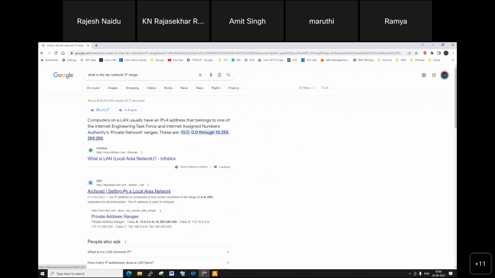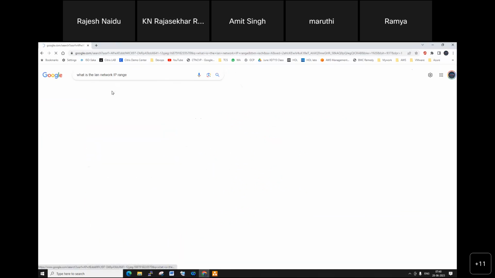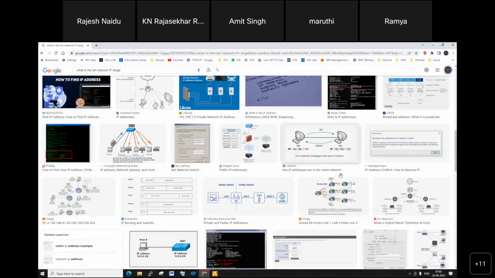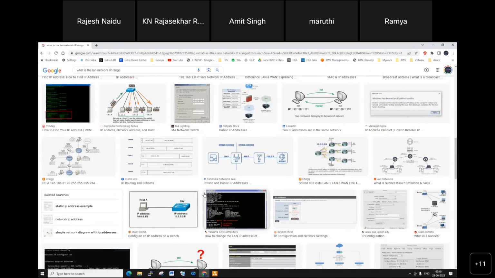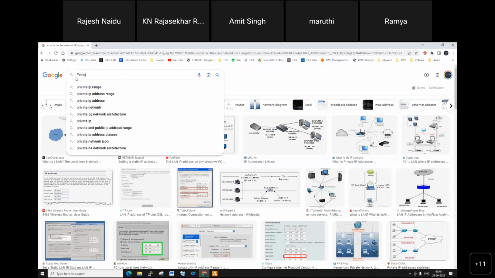You can go to any article, or better, go to images. You can see the private IP range.